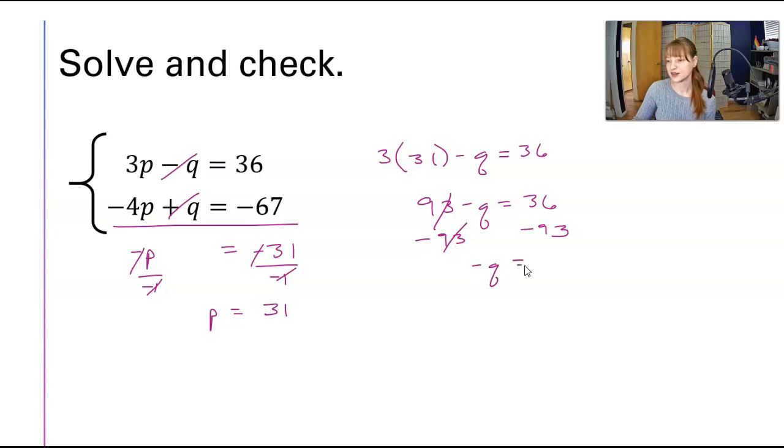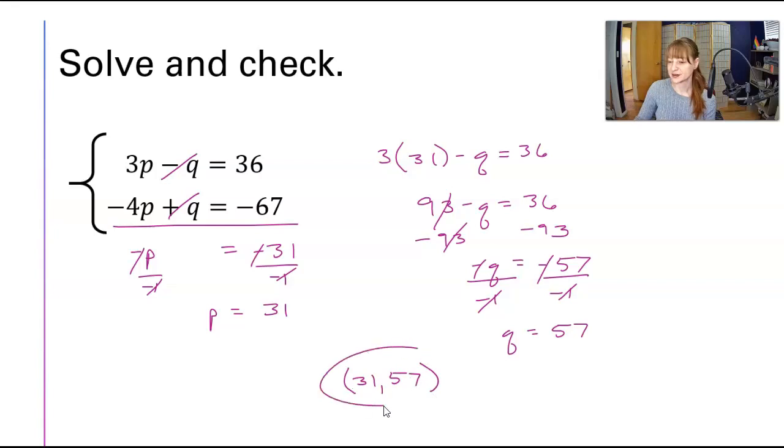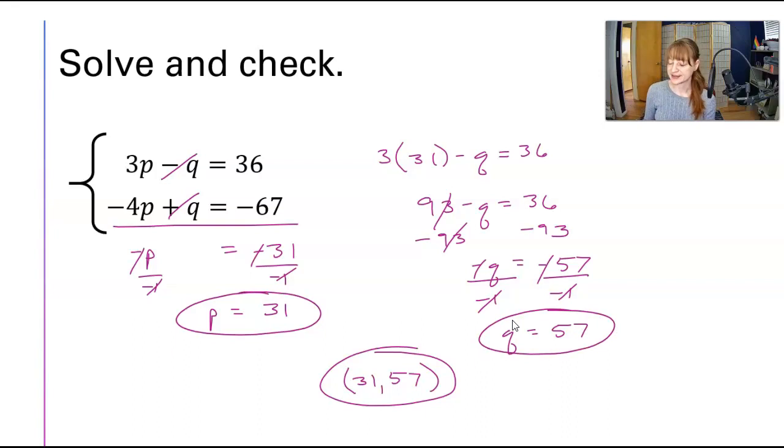I get negative q equals 36 minus 93 is -57. Now I'll just divide both sides by -1. Get rid of the negative. We get q equals 57. So our answer here, if we write it as an ordered pair, is 31, 57. Or we could just leave it as p equals 31, q equals 57.